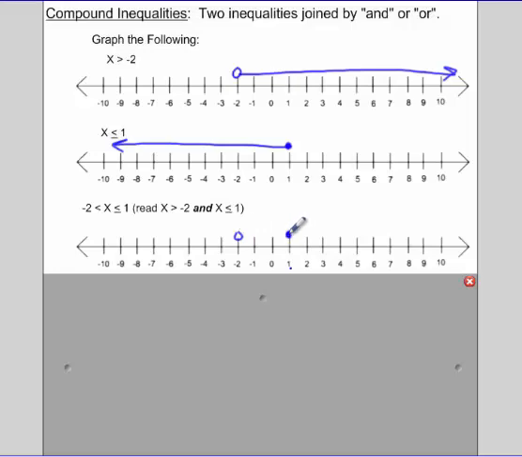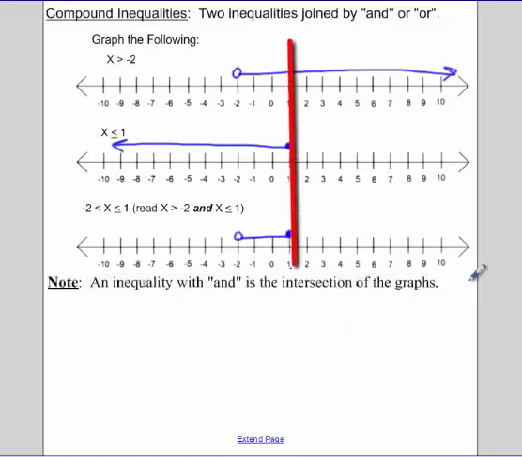The section that is the same in both graphs above is in between those two circles. Note, an inequality with and is the intersection of the graphs. Most of the ones we deal with in this class will be between the circles, but keep in mind that is not always the case.